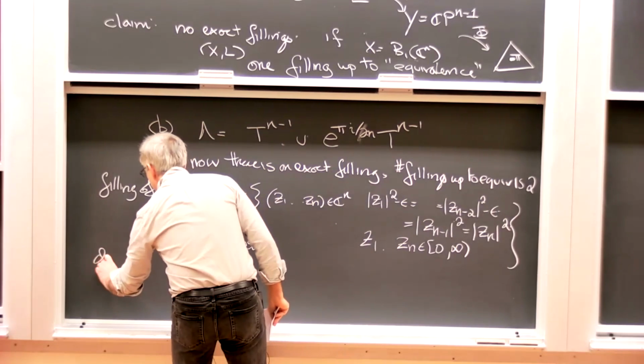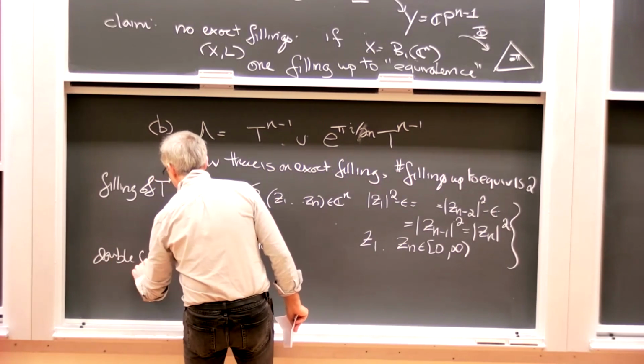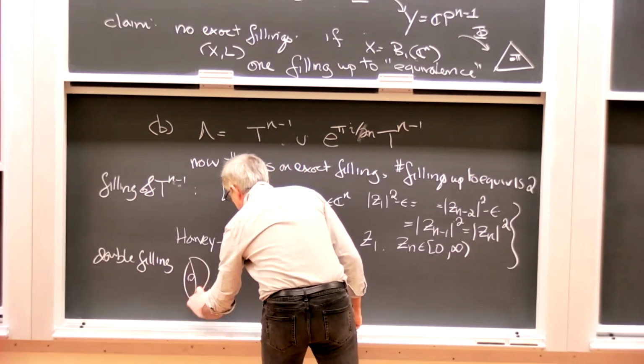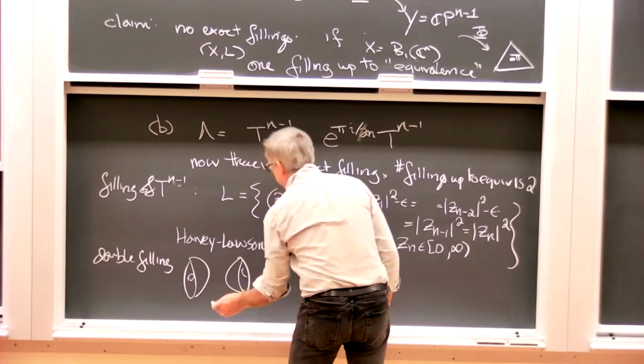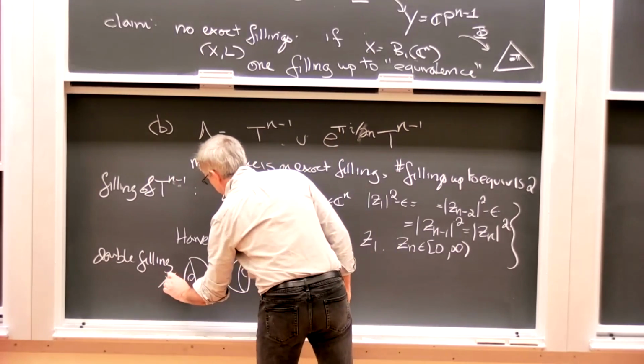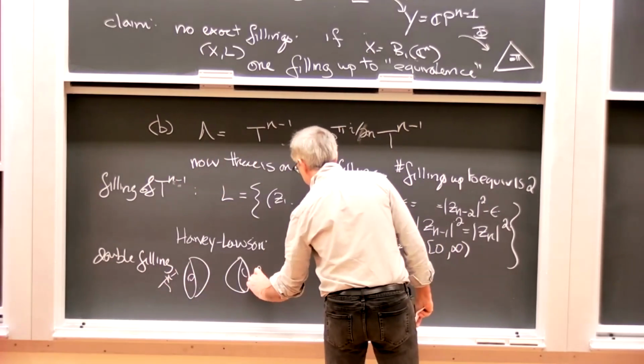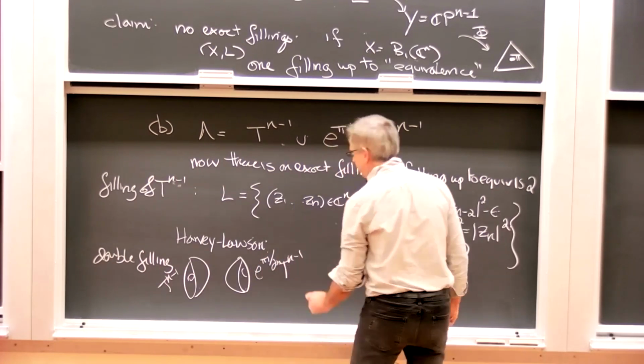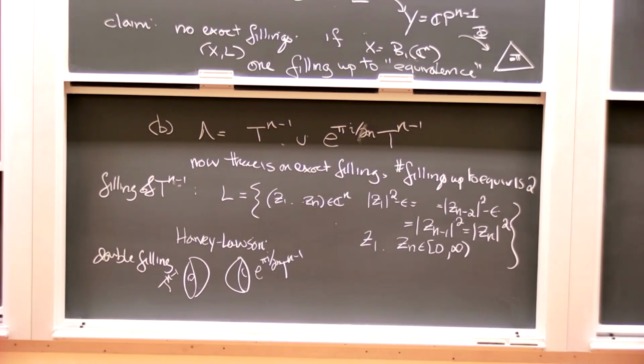So the double filling would be this plus its phase, and so then you would get two things that look like this. So the Tn minus 1 here, and then the e to the pi i over 2n Tn minus 1 would be this one.